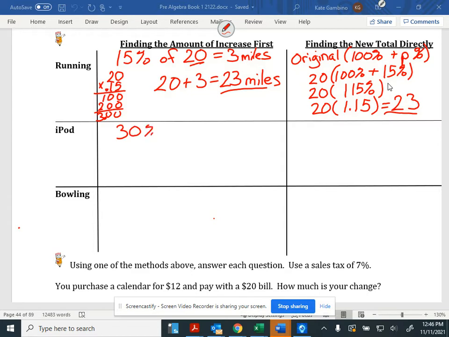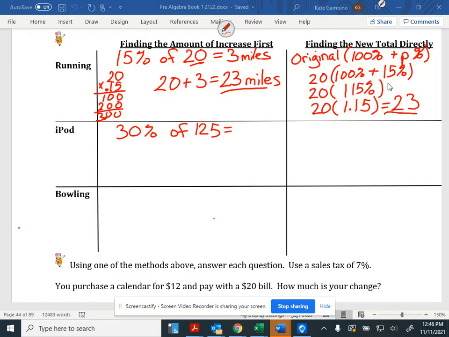Yeah, 30% of that $125. What does that equal? Do the math real quick. 30% of 125. So 125 times 0.3. 30%, 0.3.